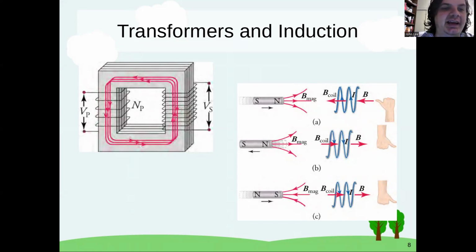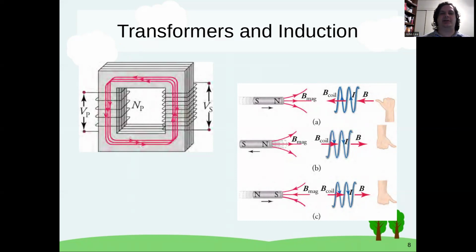So we have a step down transformer, which causes a magnetic field, which induces a current, which causes a countermagnetic field.